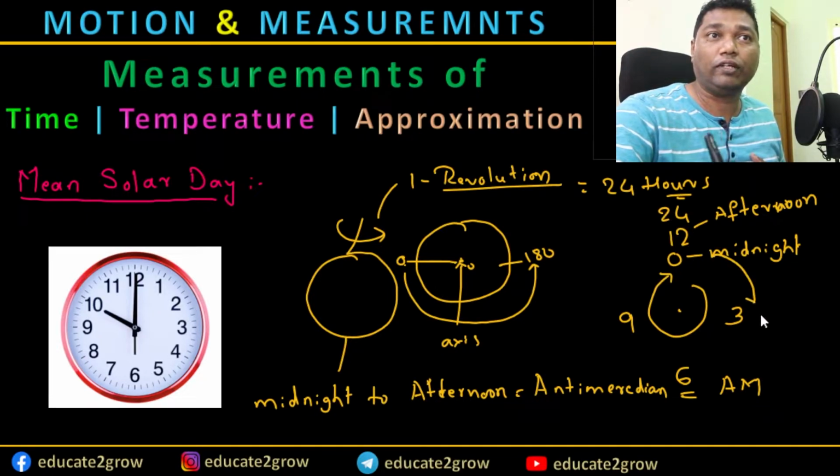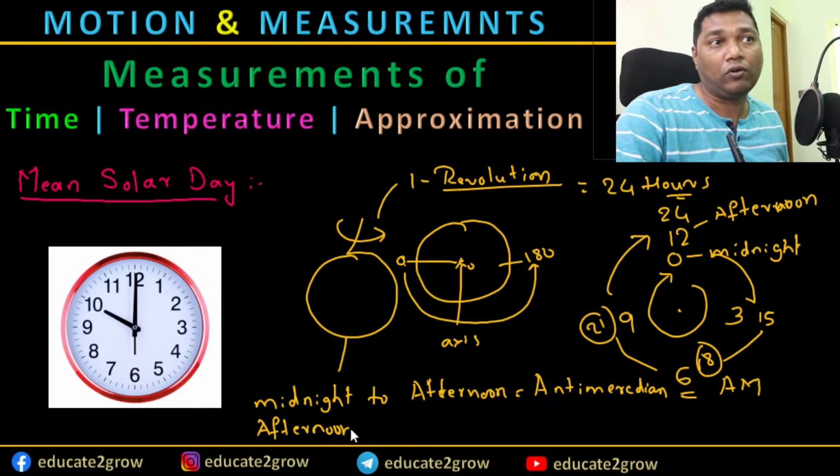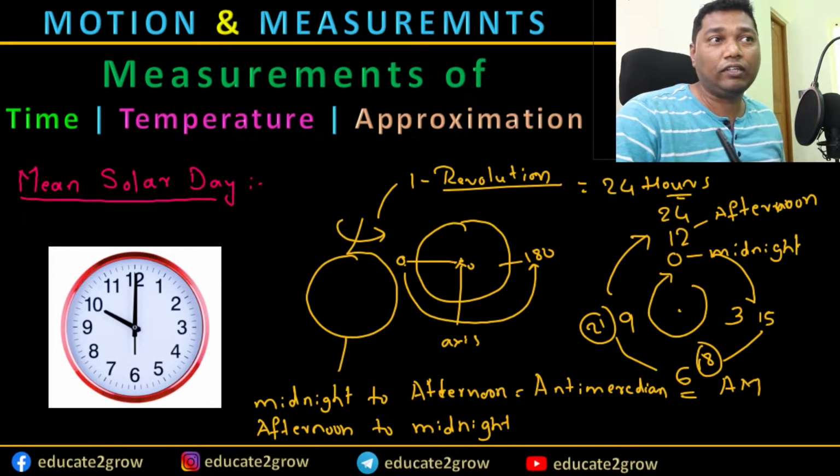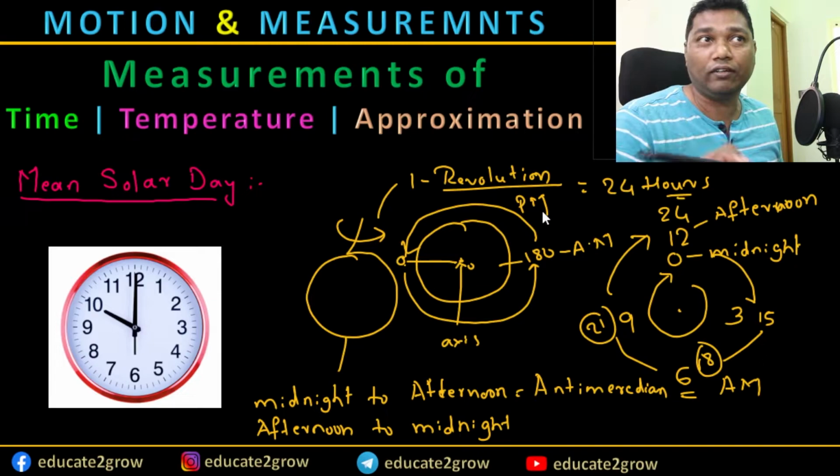Okay, 12, here it is 15, here it is 18, here it is 21, and here it is 22. So that is from afternoon to once again midnight. From here to here it is called PM, the post meridian.